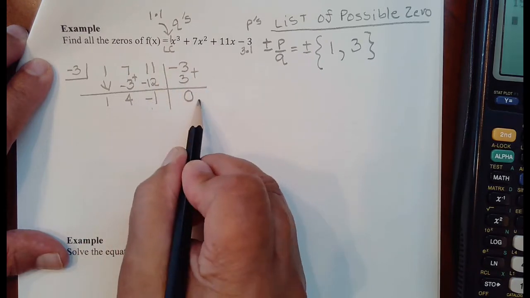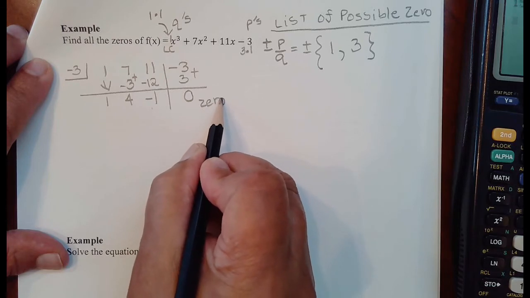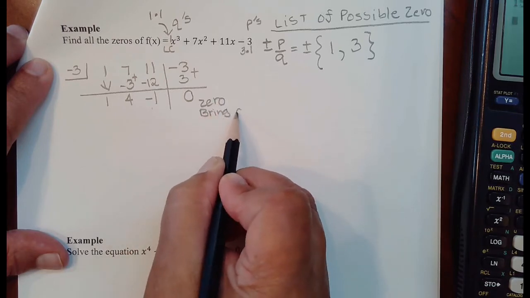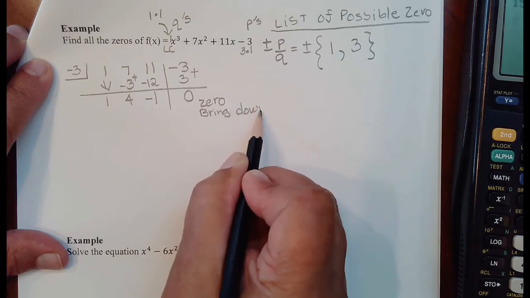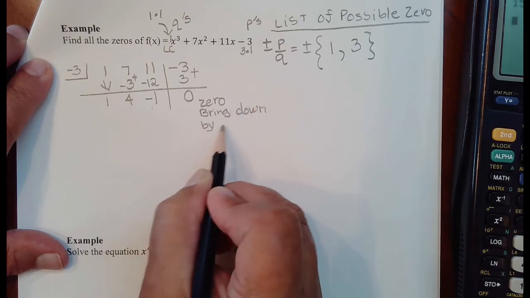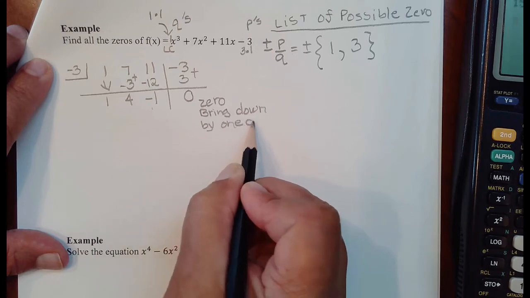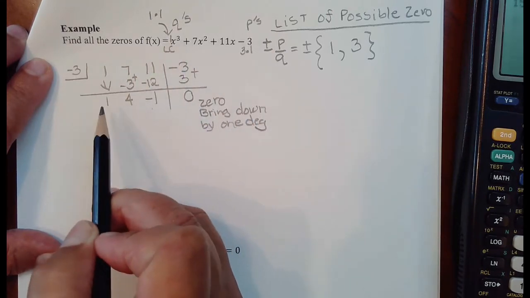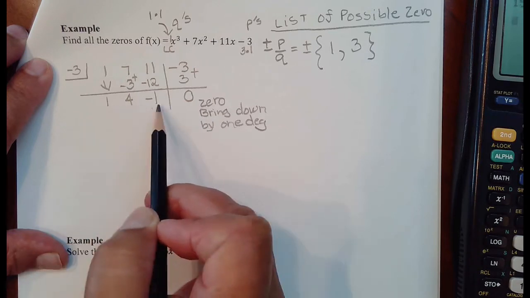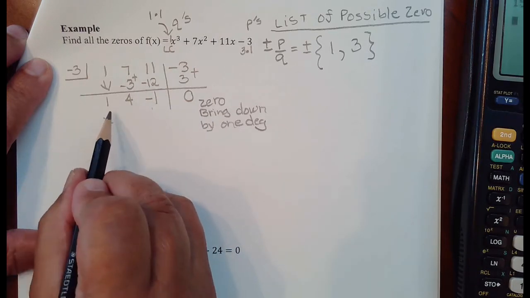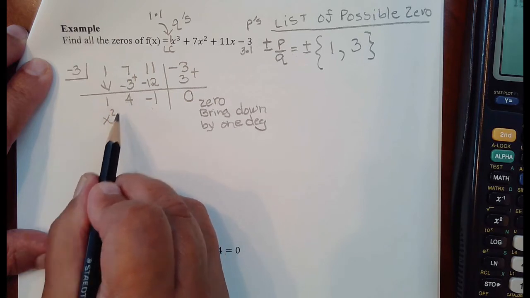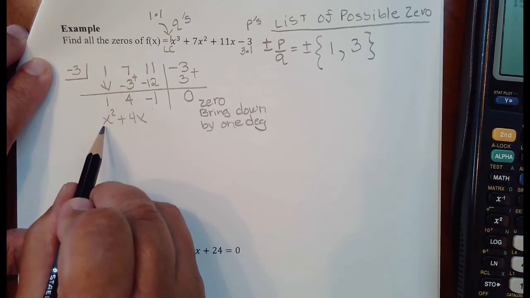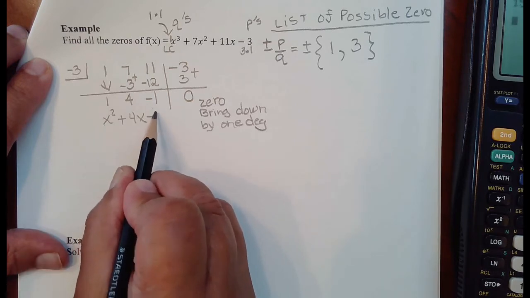But every time you zero out, you bring the polynomial down by a degree. Down by 1 degree. So even though you started off with third degree, you now have a second degree expression. So this is 1x squared plus 4x. Remember, each term is 1 degree less than the one in front of it, and then -1.